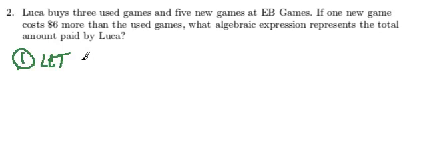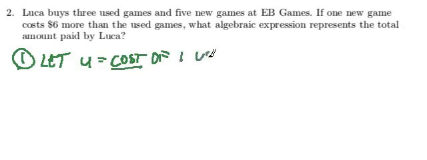So instead, I'm going to use the letter U to remind myself that this is the cost of, and again, I'm being specific here, cost of one used game. I didn't just say let U represent used games because I might confuse myself, think that's the number of used games. It's not.